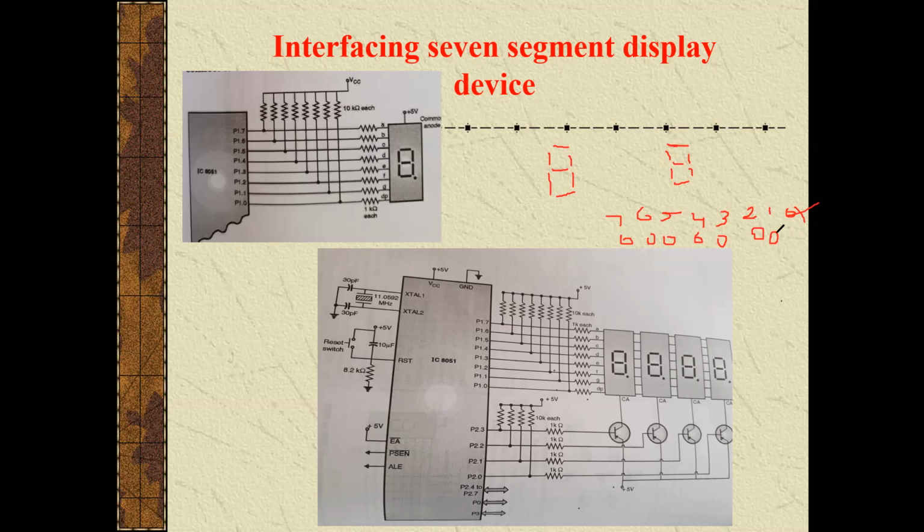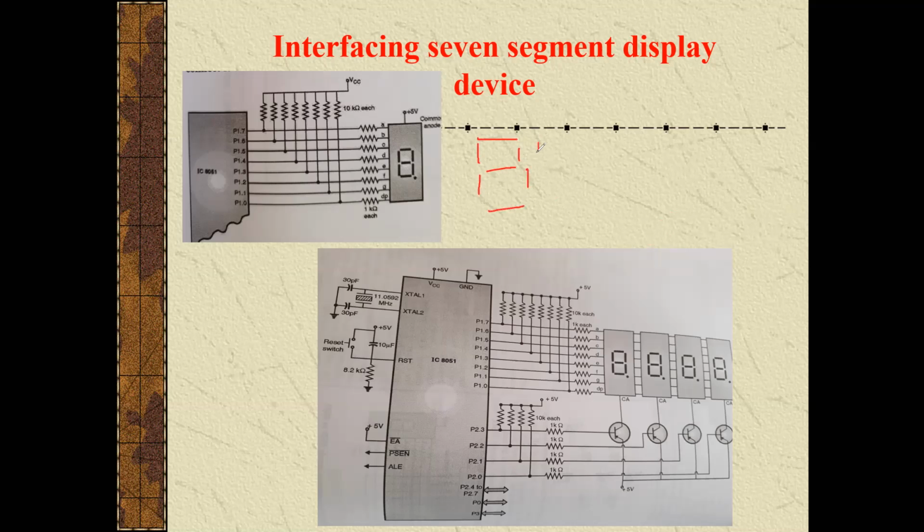If this combination 0, 0, 0, 0, 0, 0, 1 occurs at the 7-segment display, it means the number 1, and this kind of LED will glow.